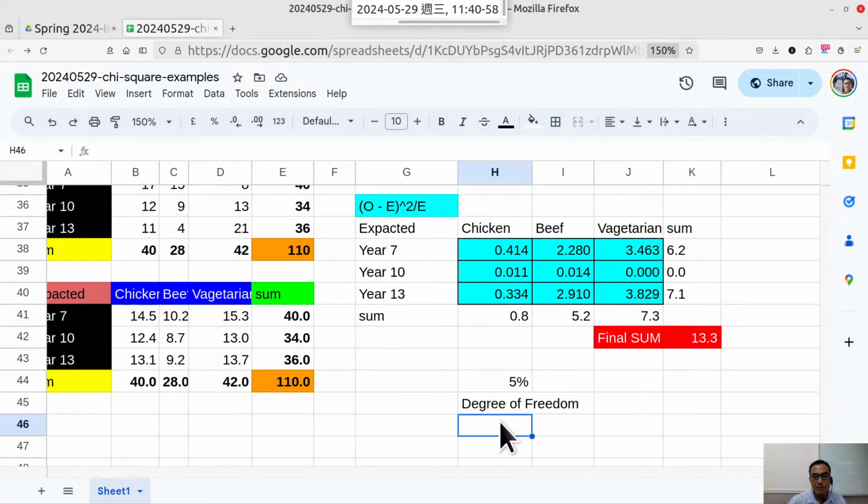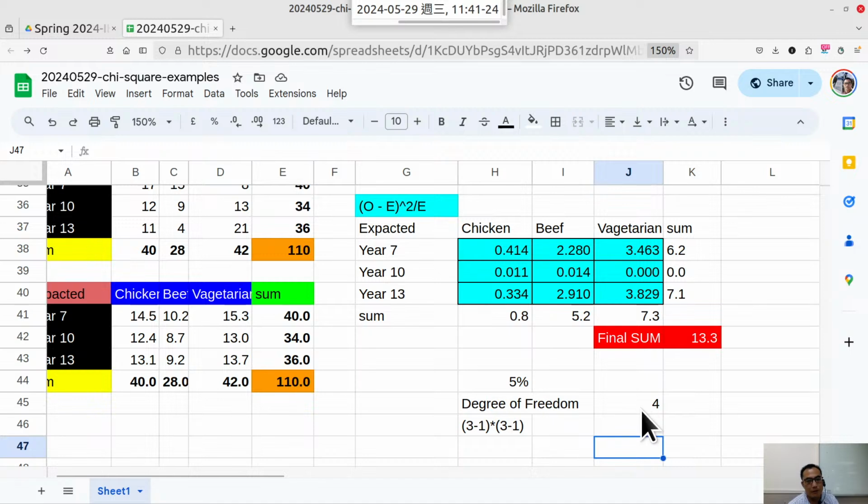Degree of freedom is 3 rows minus 1 times 3 columns minus 1. That is 2 times 2, then that will be 4. Okay, now we can check. The sum is 13.3. The degree of freedom is 4.